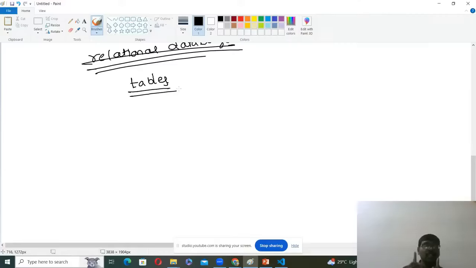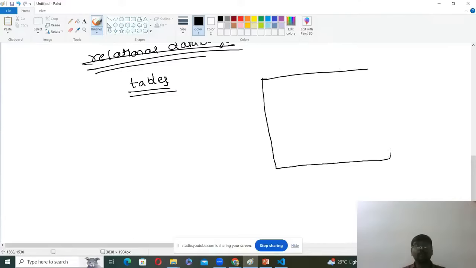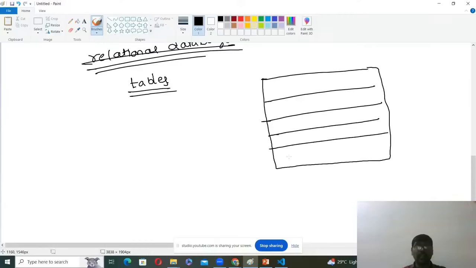In the relational database, the data is organized or stored in the form of tables. This is a table, like Excel, in the form of a table. Okay, now this is called a table.